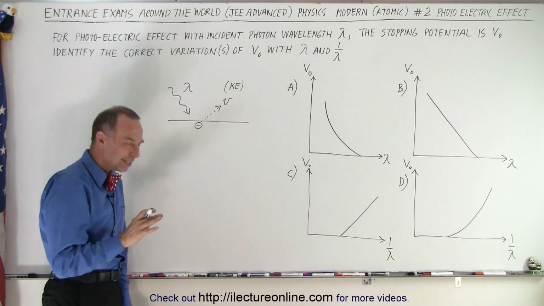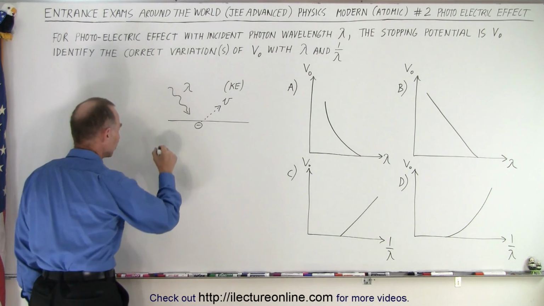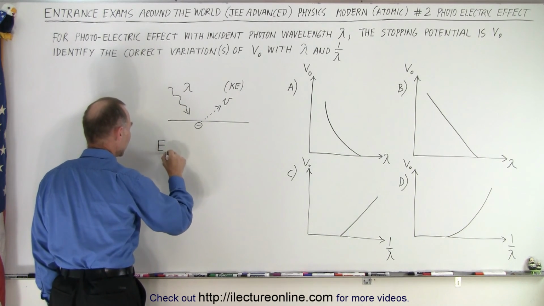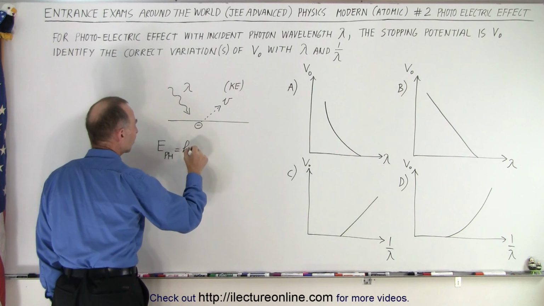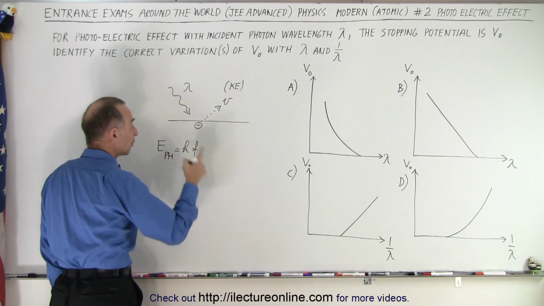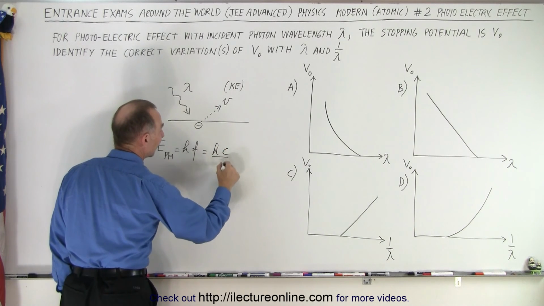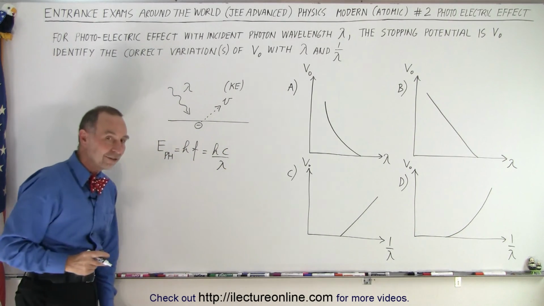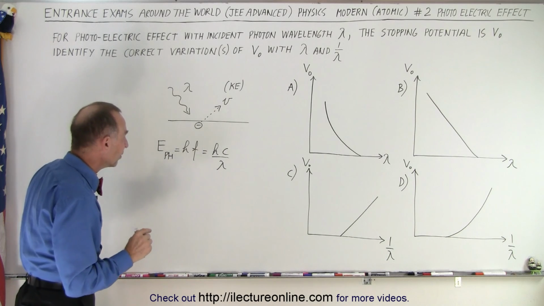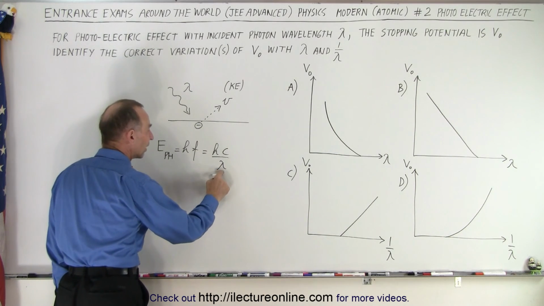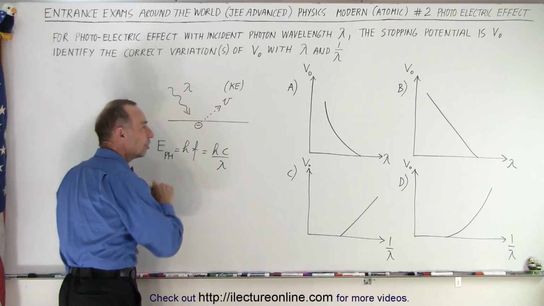So it all involves the energy of the photon coming in. You know that the energy of a photon is equal to Planck's constant times the frequency. And if you want to convert that, this is equal to h times the speed of light divided by the wavelength. So here you can see that the larger the wavelength, the smaller the energy.